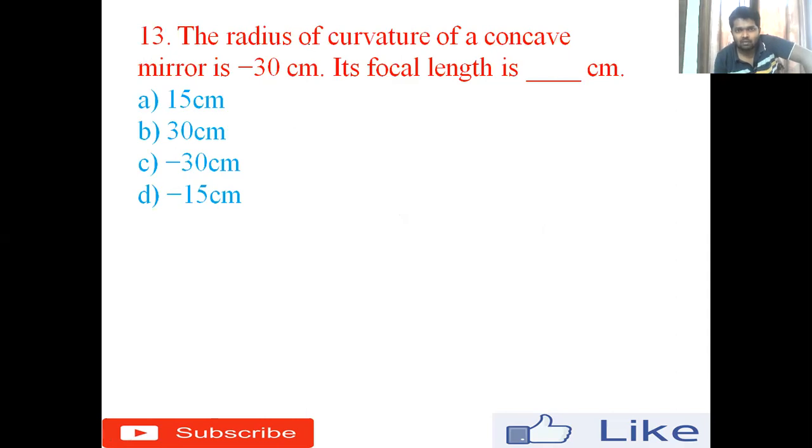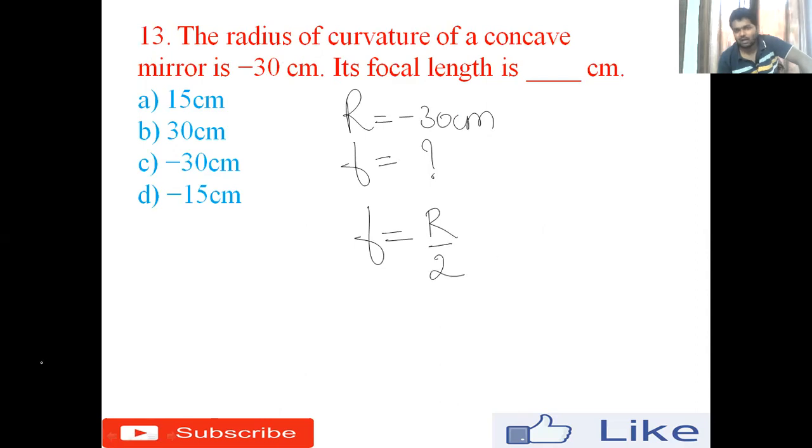The radius of curvature of a concave mirror is -30. So R equals -30 centimeter. Its focal length is f equals question mark. So we already know the formula for focal length: focal length is half of the radius of curvature, correct?